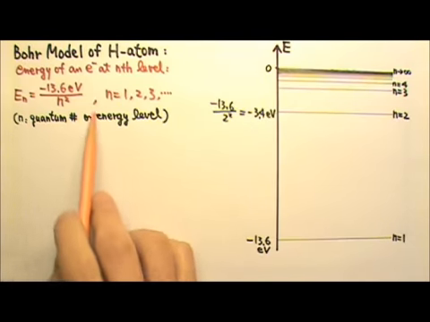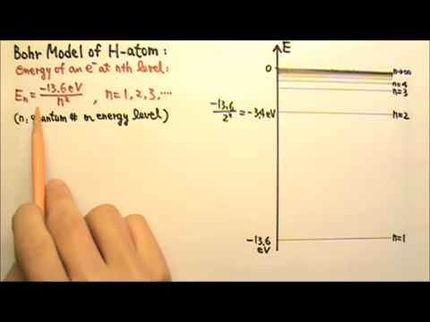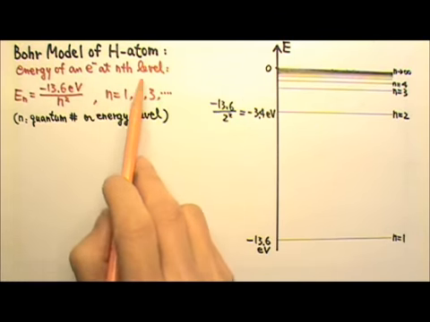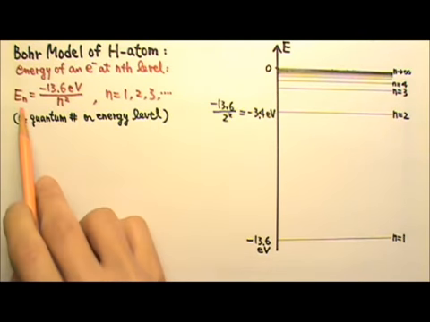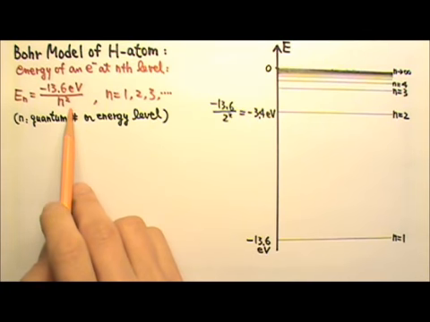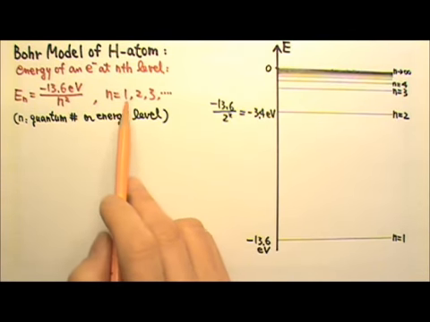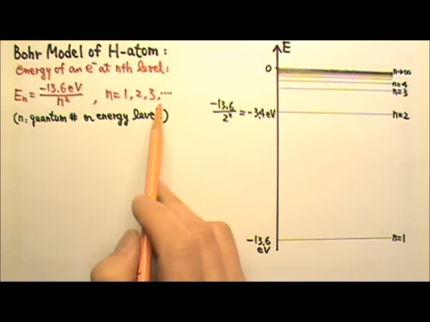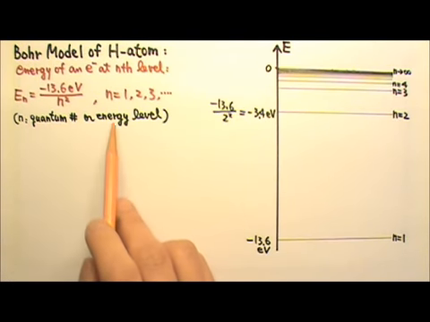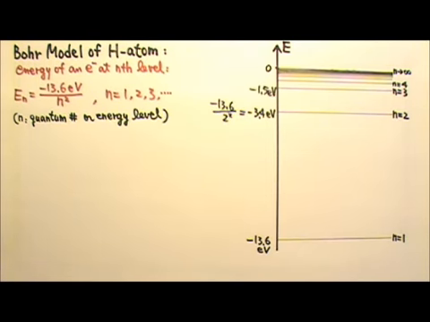I'm not going to derive it here, but this is the equation for the energy of an electron at the nth level in a hydrogen atom. En equals negative 13.6 eV divided by n squared, and n is a whole number 1, 2, 3, and so on. n is a quantum number or energy level. This is an energy level diagram for the Bohr model of hydrogen.